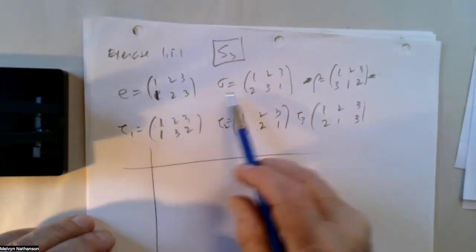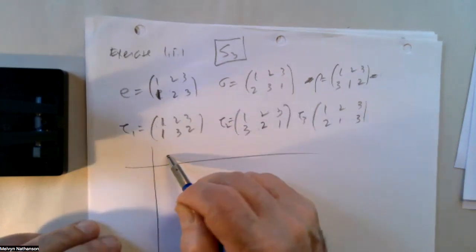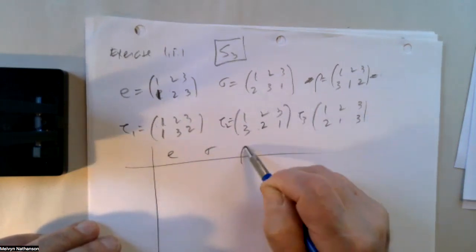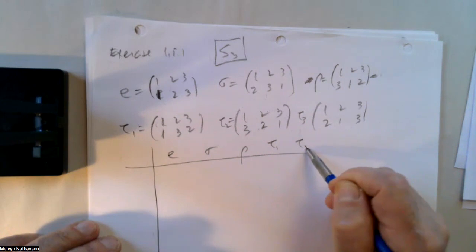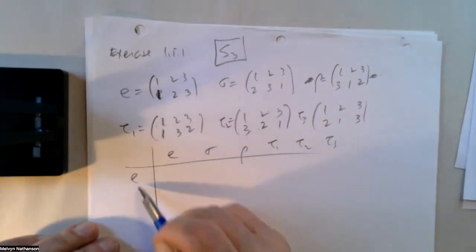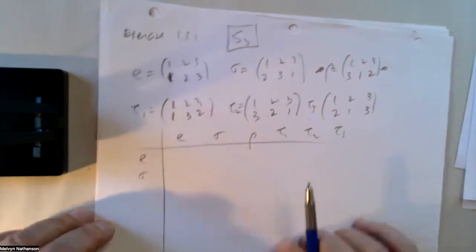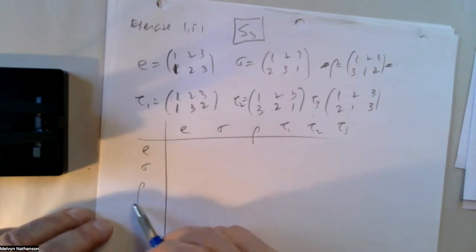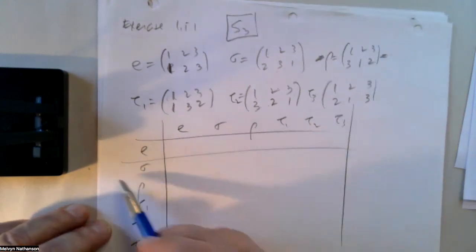That means what are all the pairwise products of these? So I have E, sigma, rho, tau 1, tau 2, tau 3 along the top and side, and I want to write the multiplication table.